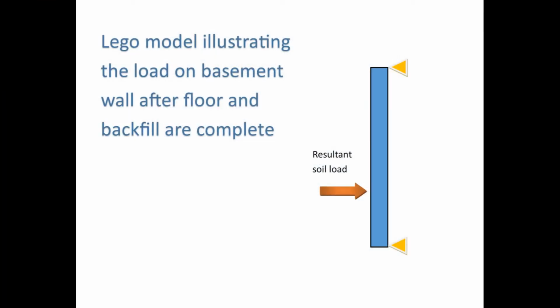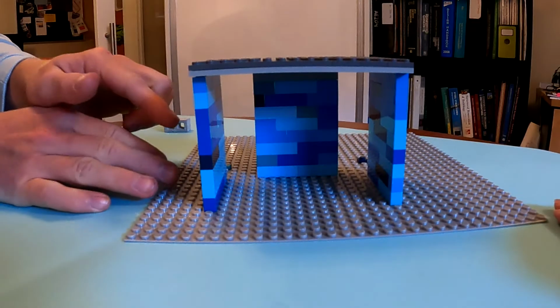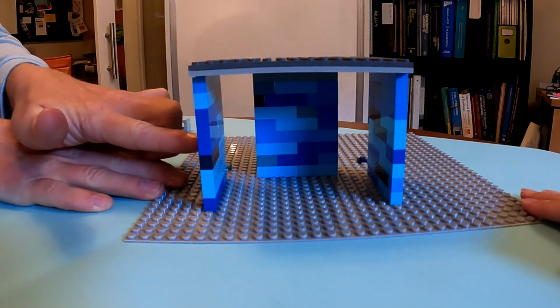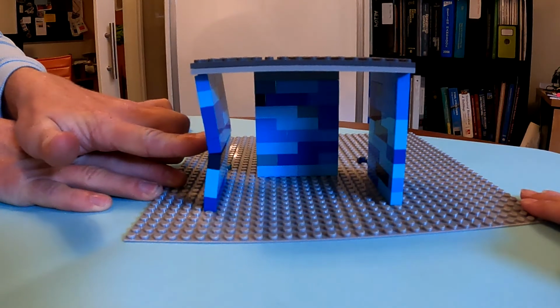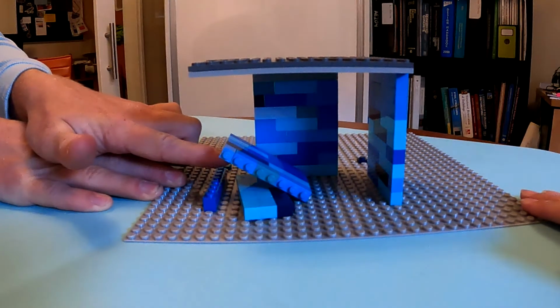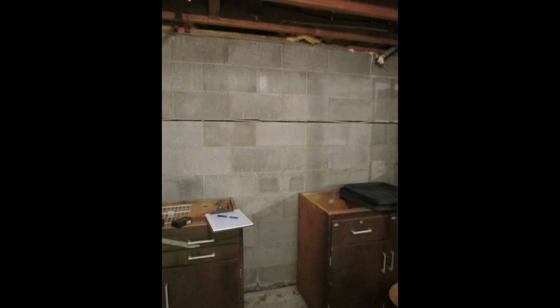This Lego model shows the load on a wall when it is restrained at the top, also simulating soil load. Here are a couple of photos illustrating a wall that has bowed inward under soil load conditions.